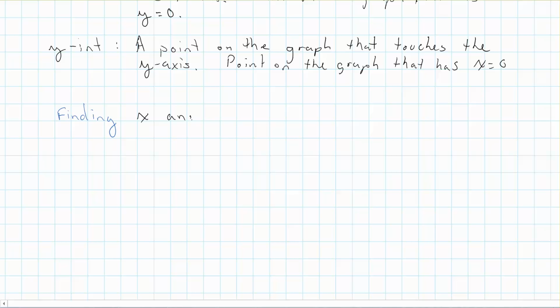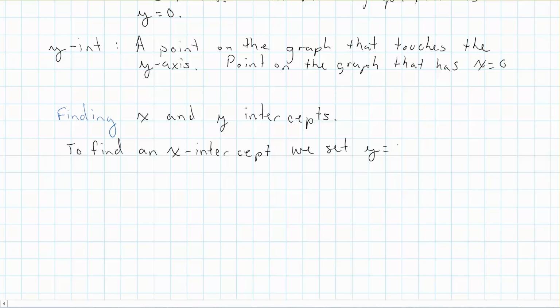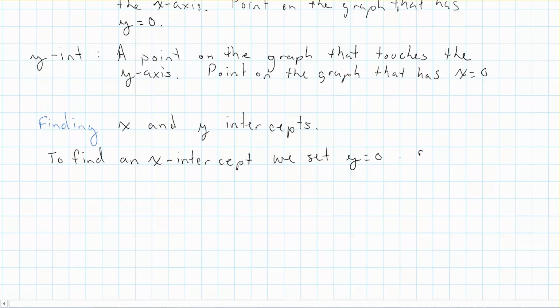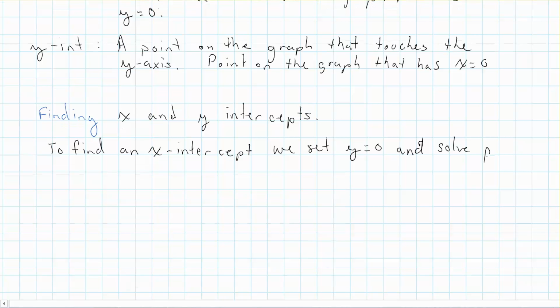Alright, so let's talk about here finding x and y intercepts. To find an x-intercept, we set y equal to 0 and solve for x.